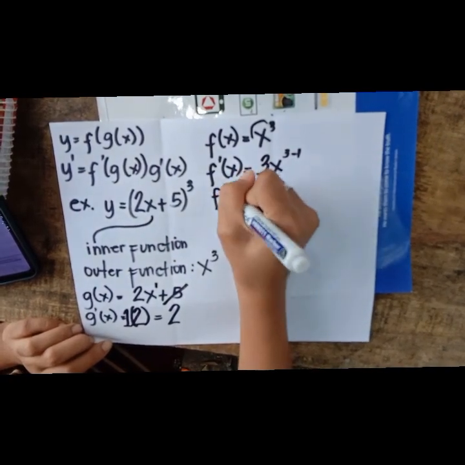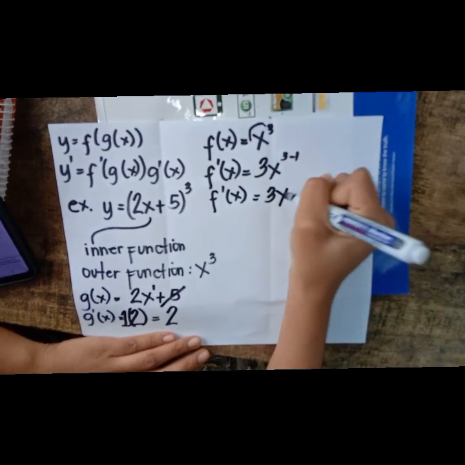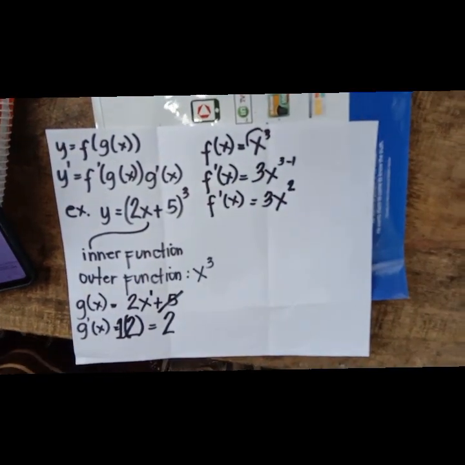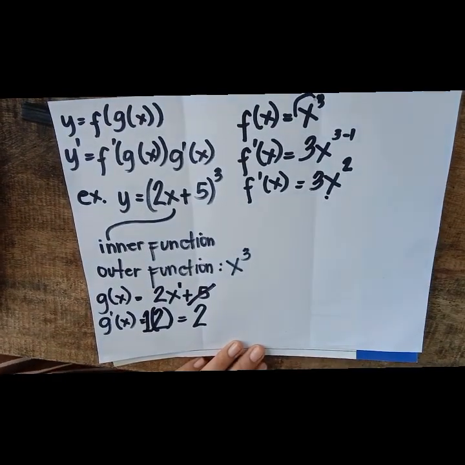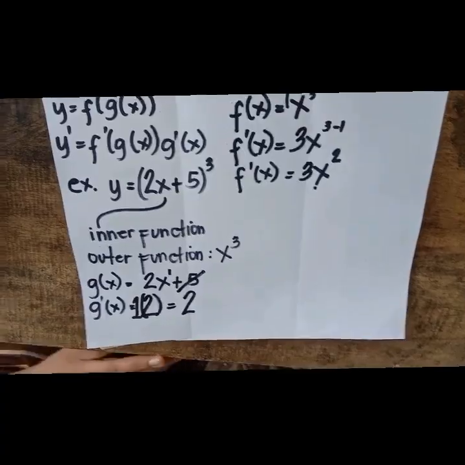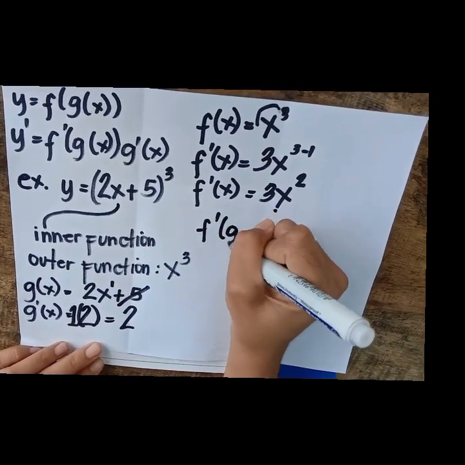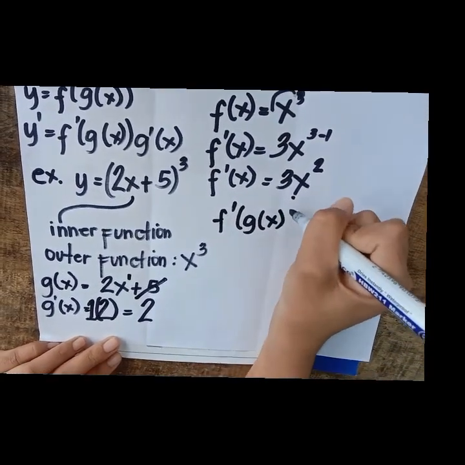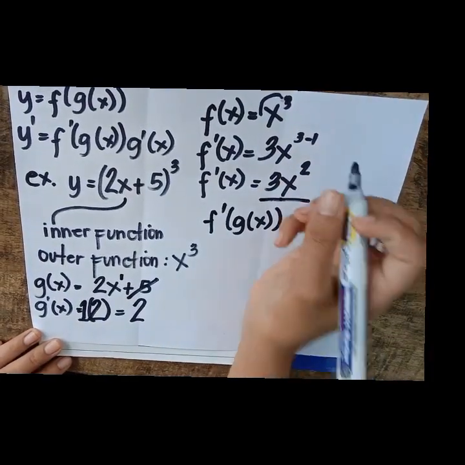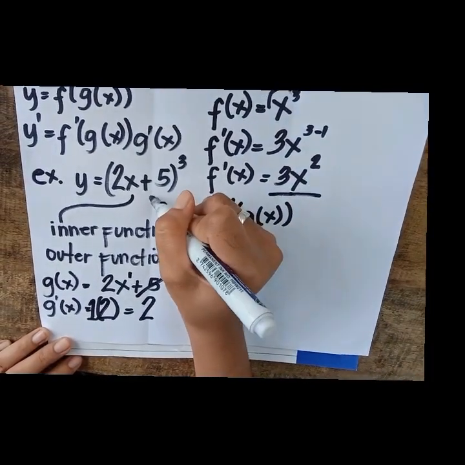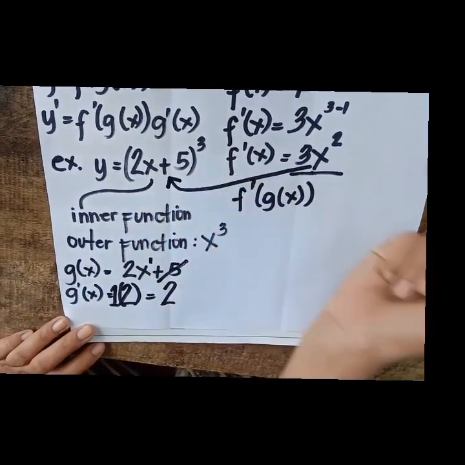So, f prime of x will be equal to 3x squared. Let us find the f prime of g of x, wherein we will be using 3x squared. Then let us substitute x by this equation, which is our inner function.